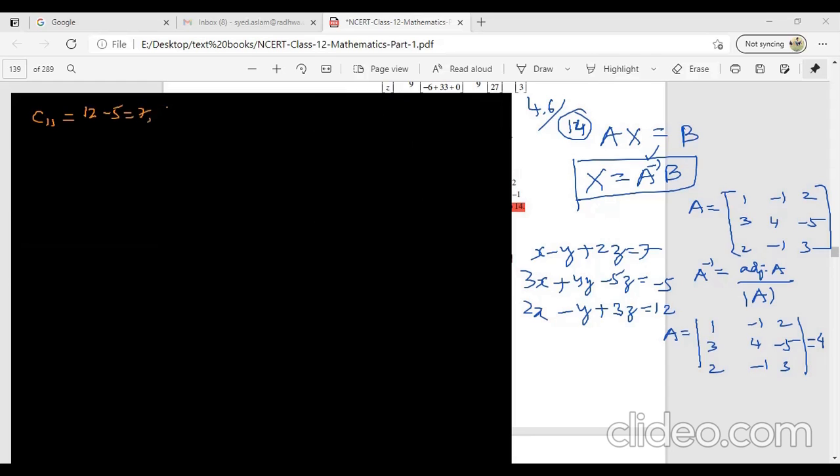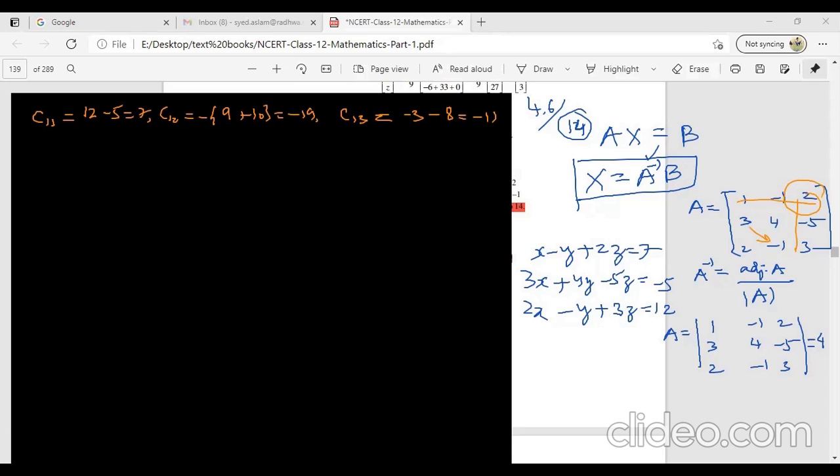C12 means negative sign taken out. 3 3s are 9, minus minus plus 5 2s are 10, minus 9, 19. Then C13: delete this one and multiply. So minus 3 and minus 4 2s are 8, so minus 11. So like this, you can get the adjoint: 7, minus 19, minus 11.